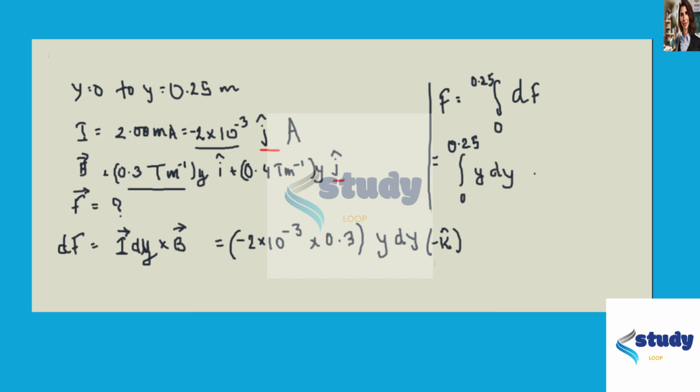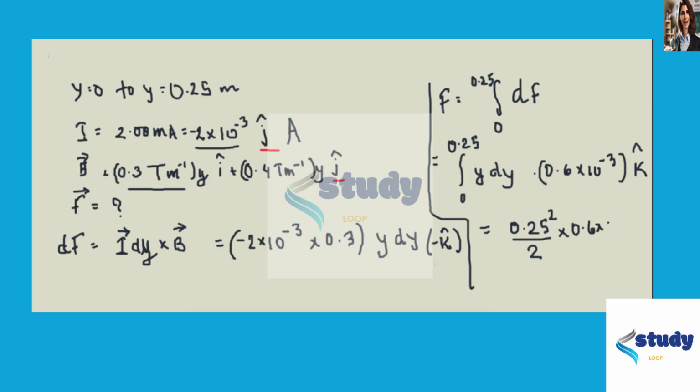The other terms will be 0.6 into 10 to the power minus 3 and k hat. If you integrate this, this will give y squared by 2, so 0.25 squared by 2, and the other term is 0, so we don't need to write that.